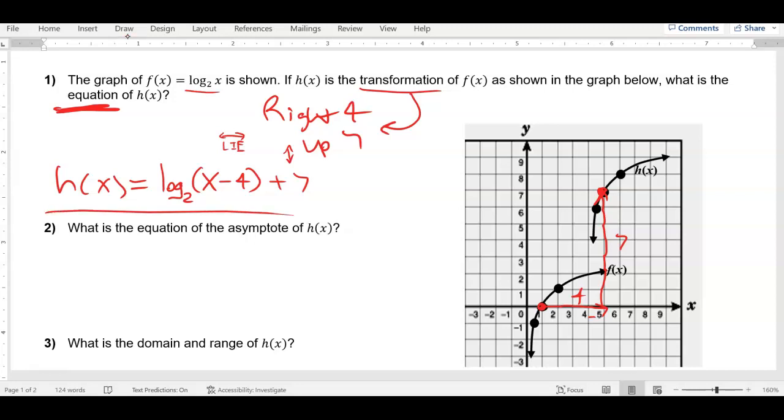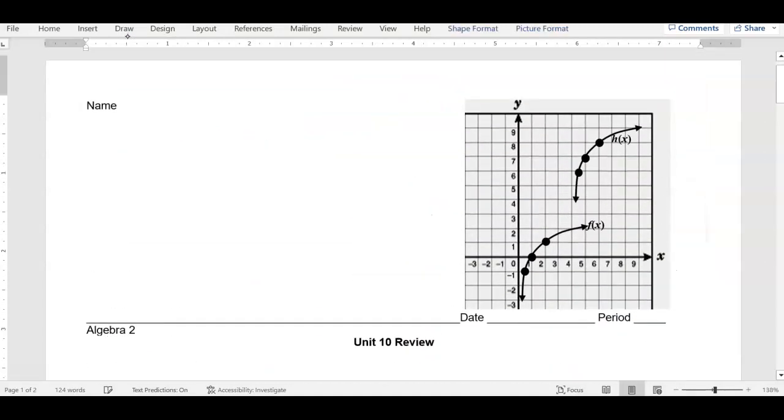That's it. What is the equation of the asymptote? Now remember, these logs have a vertical asymptote. So I'm looking at h of x over here. It's going to go up forever this way, but this is going down, and it is never going to touch this vertical line right here.